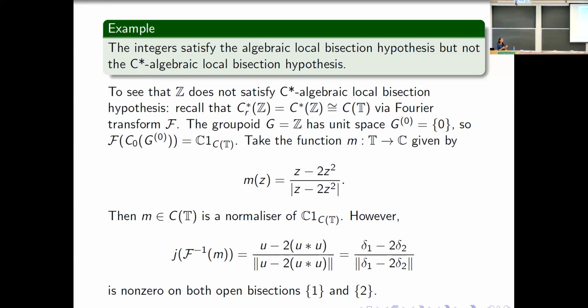And then when we look into the support of the normalizer from such an algebra, what we see is that if we look into the intersection with the unit space, the intersection can only have at most one element. So that was the reason the set of integers will definitely satisfy the algebraic version of the local bisection hypothesis. Yeah, so that's the reason. I didn't write down the detail of what I just said, but the set of integers satisfies the algebraic version, but not the C-star version. All right, yeah. So I just want to conclude that.